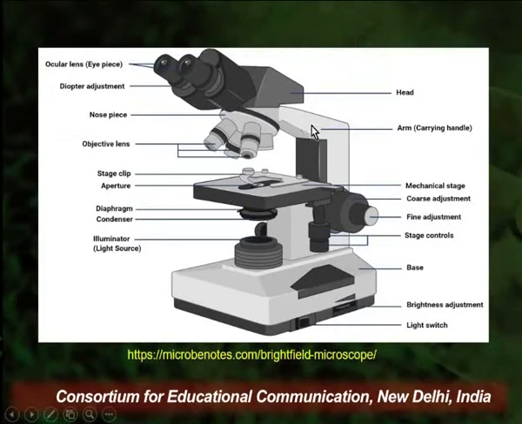This stand or handle or arm is also used to give a proper firm position to all the different components. This is also the place where the coarse and fine focus adjustment screws are fitted.